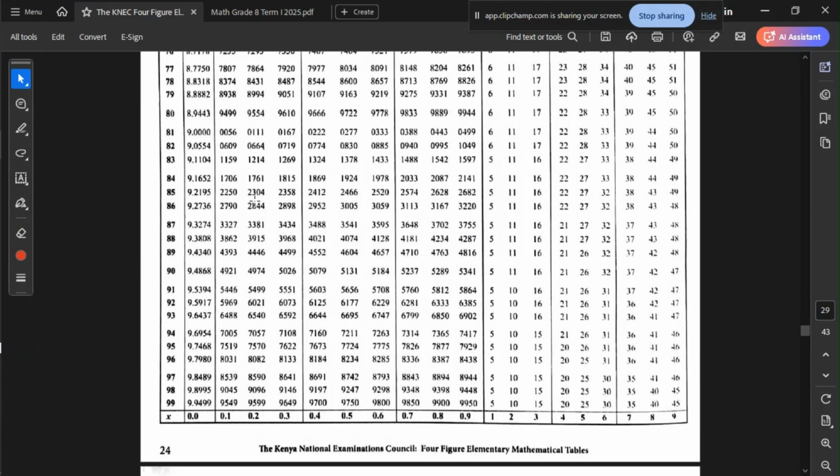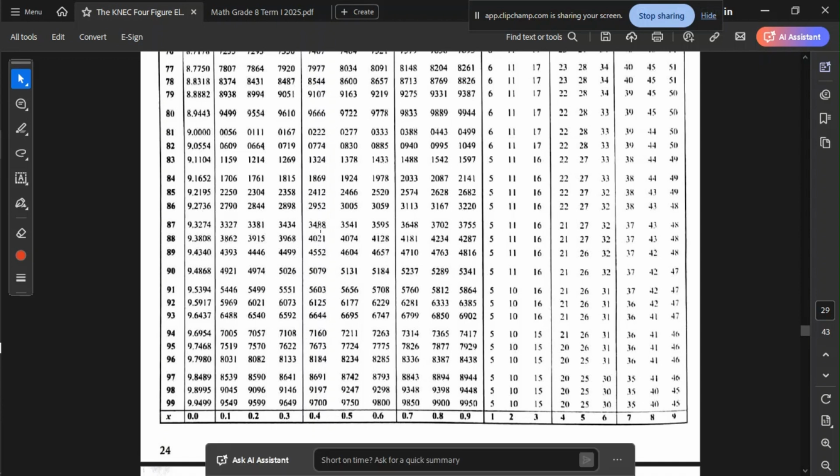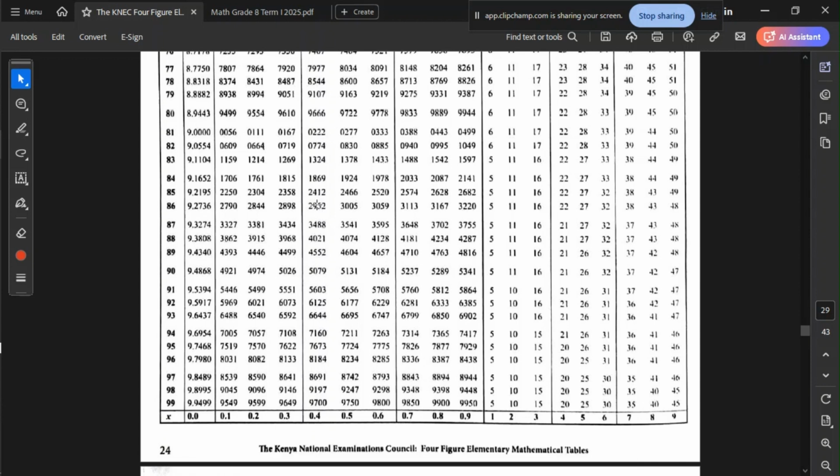Let me see whether I can get it. 86.4, the 4 is here, this is 0.4. 86.4 gives 2952, so it is 9.2952.